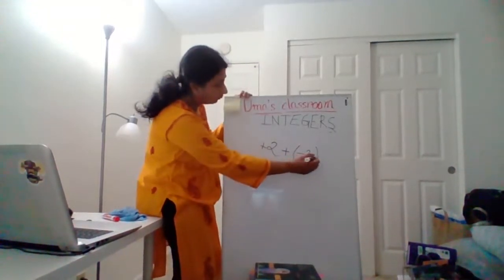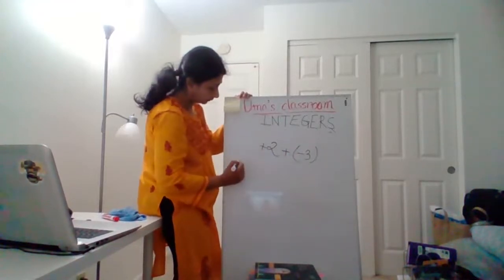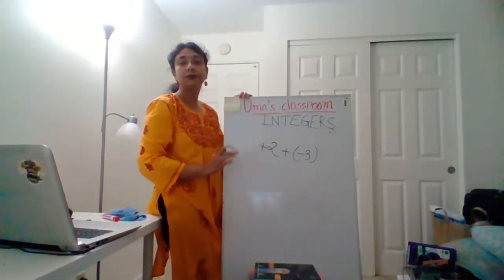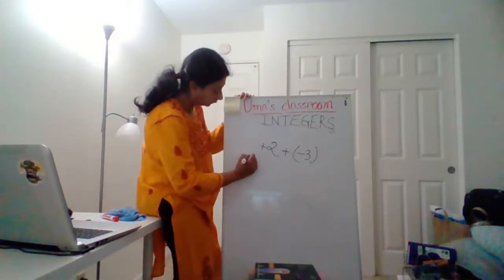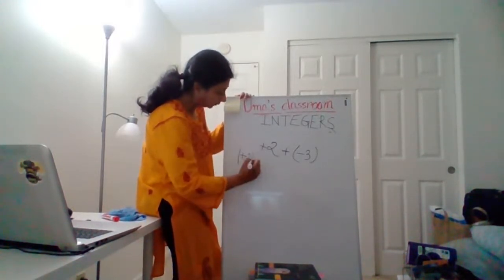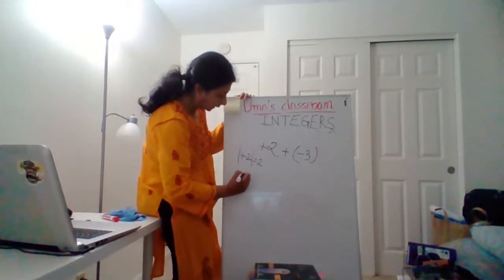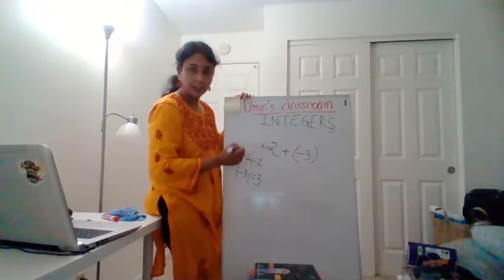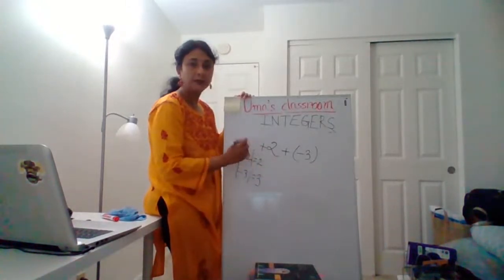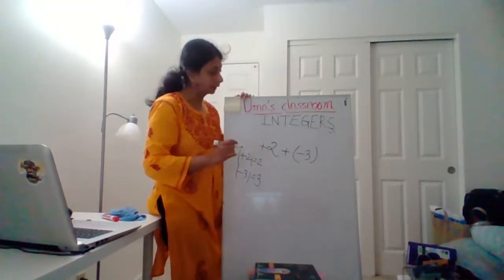So first compare with the absolute values. Absolute values means the values without any sign. So positive 2 will have the absolute value of 2 and negative 3 will have the absolute value of 3 only. So let's perform the operation what I mentioned already, subtraction.